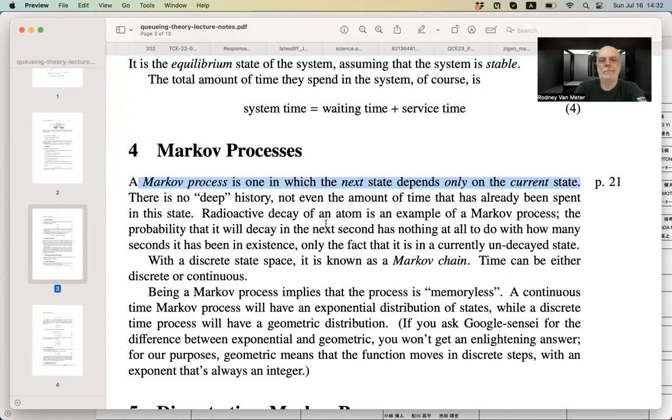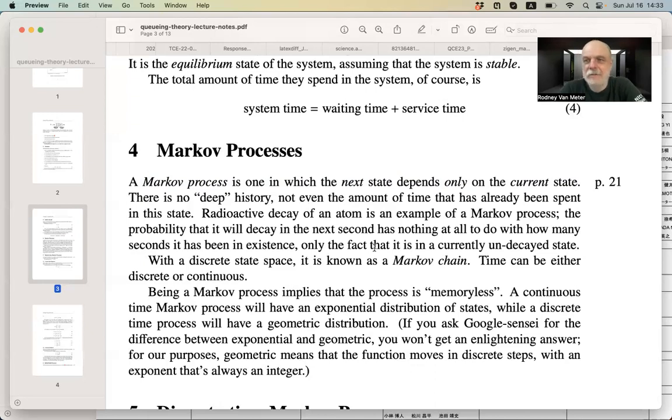Radioactive decay is one example of a Markov process. The probability that an atom will emit a particle and go through radioactive decay in the next second has nothing to do with how long it hasn't happened in the past. The only thing that matters is that it has not yet decayed.